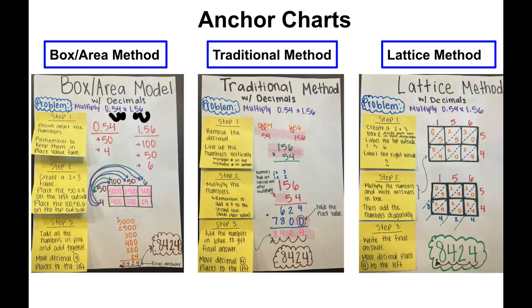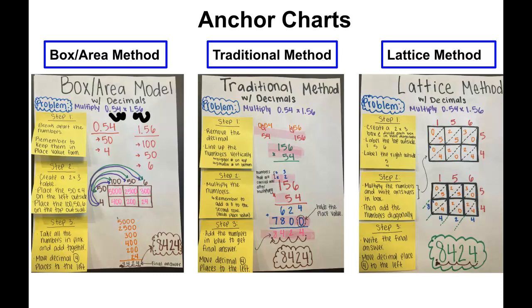So we took the 6 times 4 and got 24, so I carried that 2 over up here, and then took the 5 times 4, got 20 plus 2 is 22, carried that over again up there. 4 times 1 plus the 2 was 6, and then I continued doing that for the second row down here. Added the 624 plus 7,800 to get my final answer of 8,424.